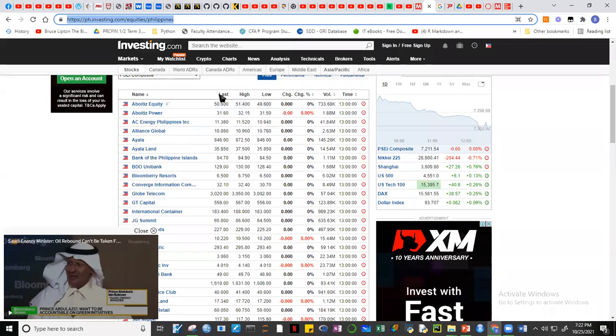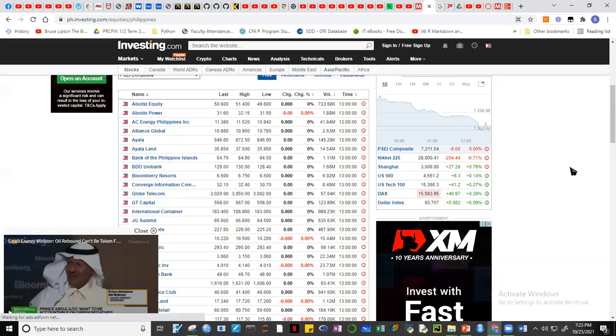That the 50.6 here, the price of Aboitiz Equity, reflects all information pertaining to Aboitiz. So Globe, that's 3,020 per share. If I'm going to invest in Globe, this price here reflects already all valuable information about Globe Telecoms.